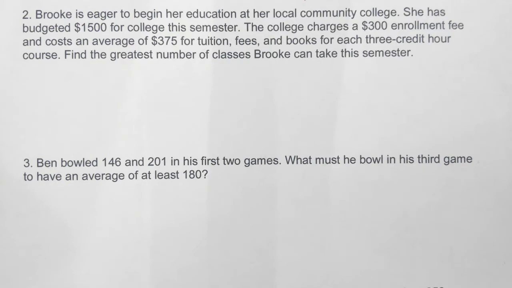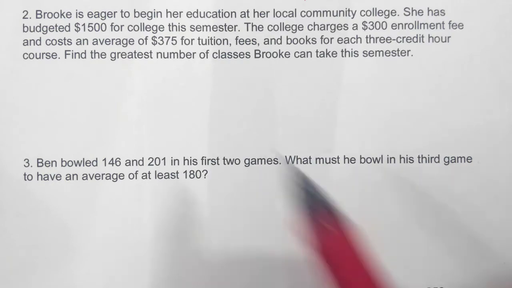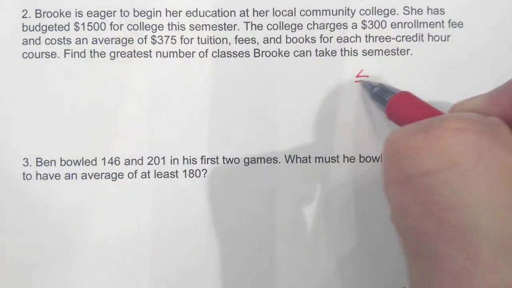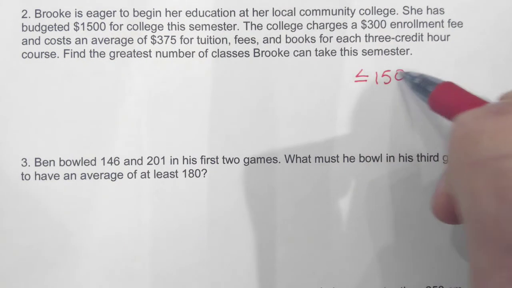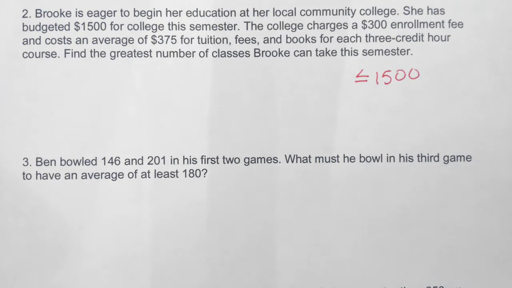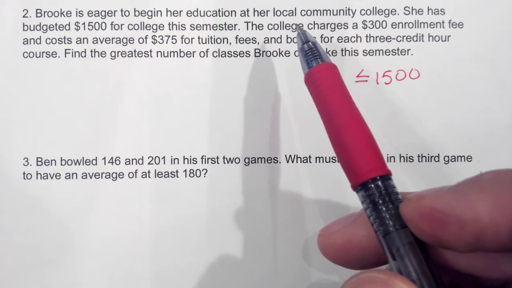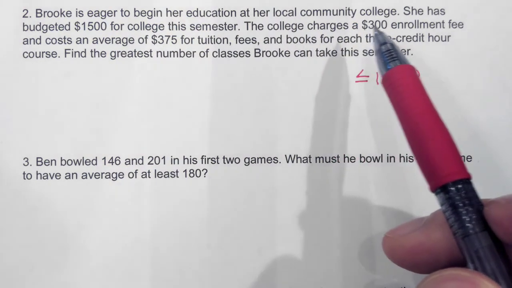So again, pretty similar to number one. We budgeted $1,500. That means we would spend exactly $1,500 or less. We do not want to go over the $1,500 that we've saved. We don't want to go in debt. So it's going to charge us $300 to enroll.